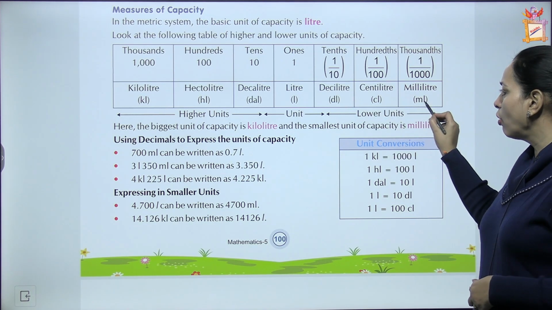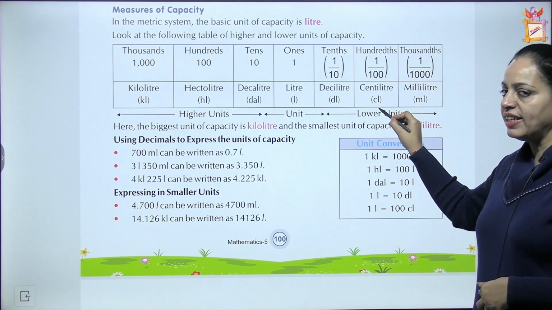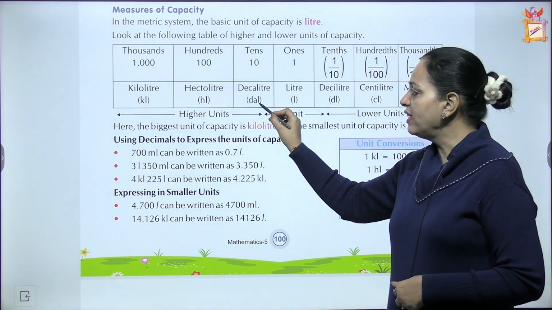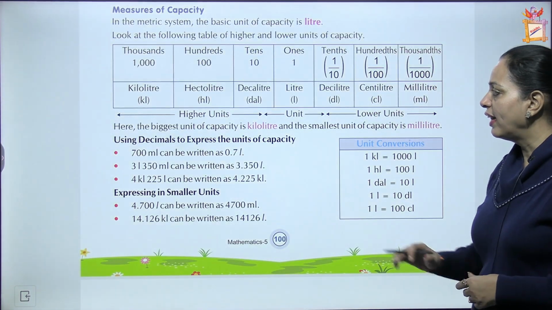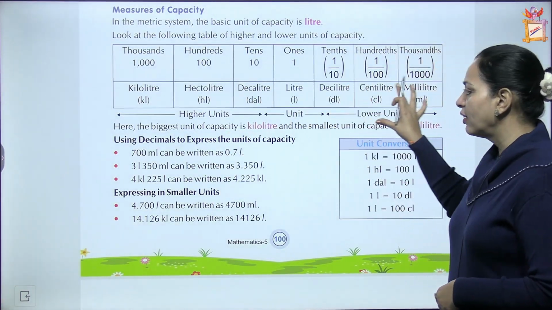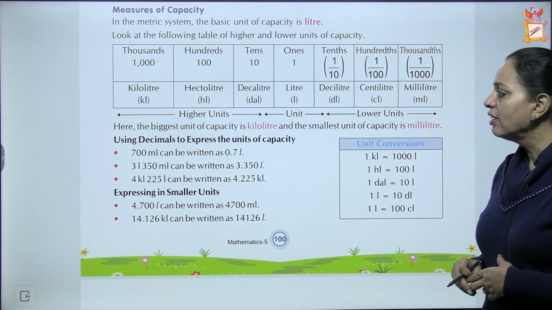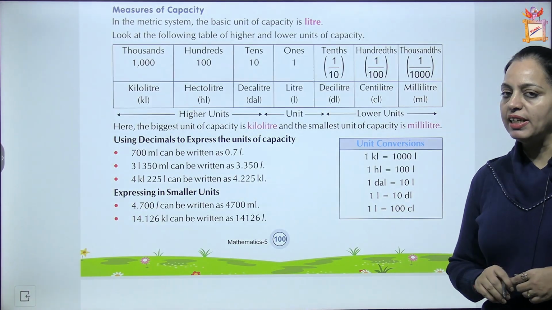So write in the short form: liter L, deciliter DL, centiliter CL, milliliter ML, decaliter DAL, hectoliter HL and kiloliter KL. These are the higher, these are the lower, as we have done in weights and length. So now the biggest unit is kiloliter and the smallest is milliliter.